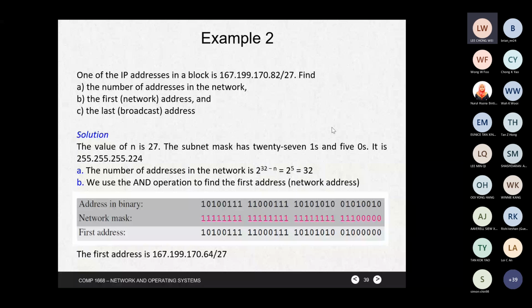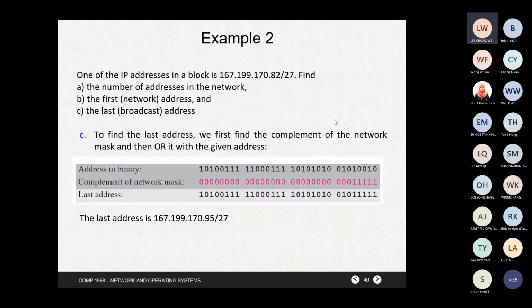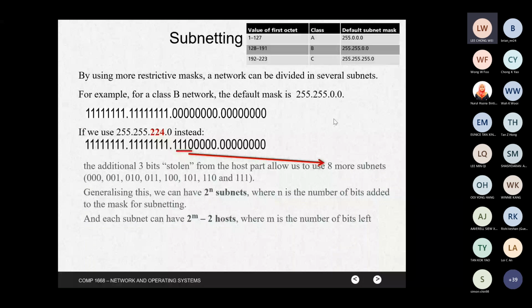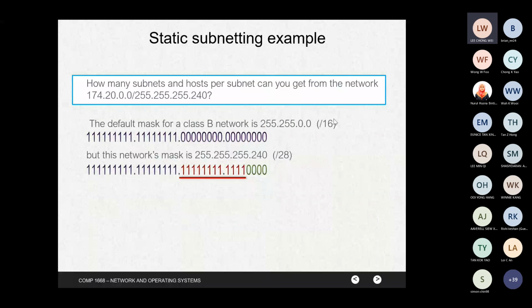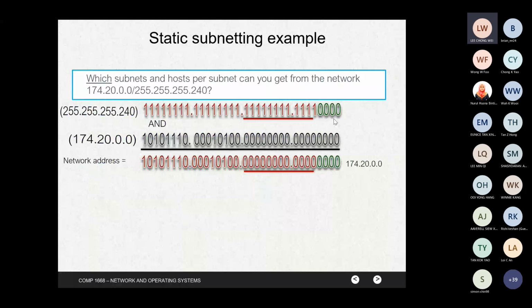We are running out of time. You can discuss all this during your tutorial sessions. Why subnet? More examples of subnet mask. So your local tutorial maybe can go through all this with you if you are interested. But like what I said, normally they don't test all this in the exam.